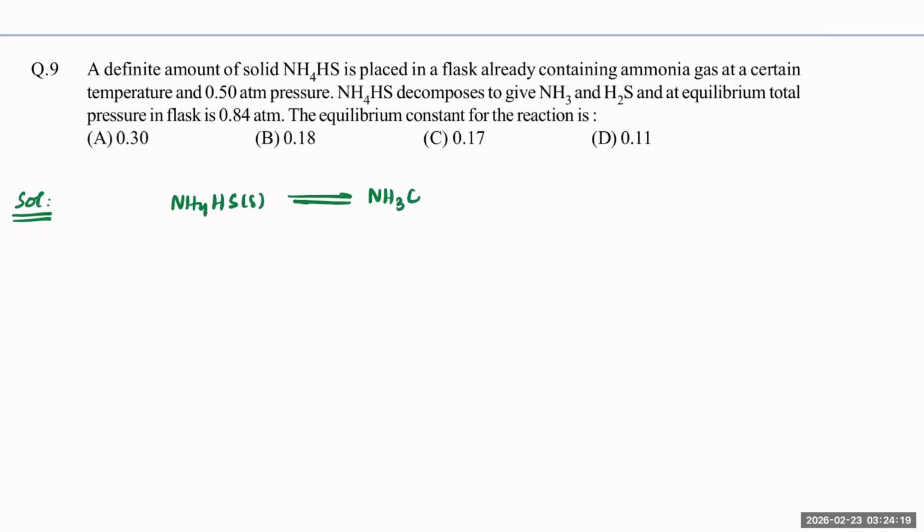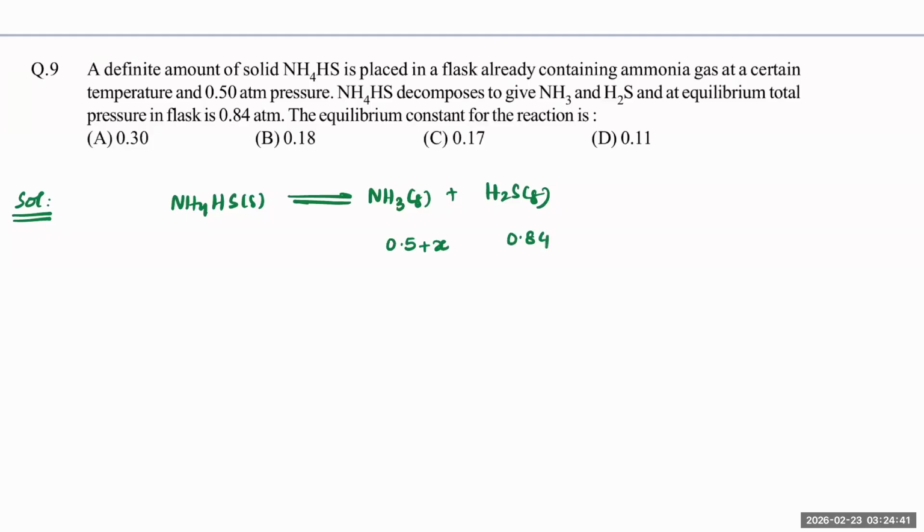Ammonia gas plus H2S gas. So we know that this is present at 0.5, and as this decomposes, it will become plus X, and this will be 0.84, right?